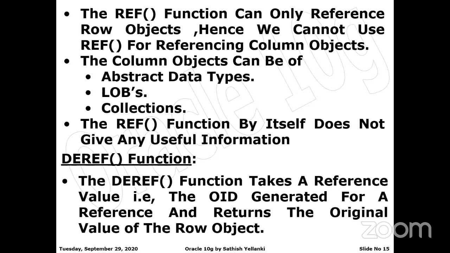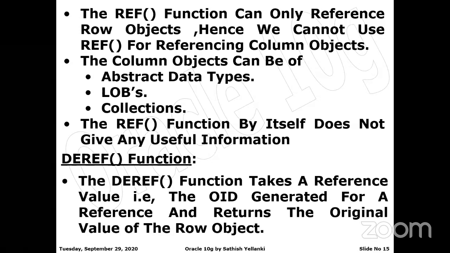In that table, we had one column called the student collection column. Such columns are called column objects. On such columns, you cannot see the object IDs. Am I clear with you? Column objects are generally your abstract data types. They can be large objects or they can be collections.